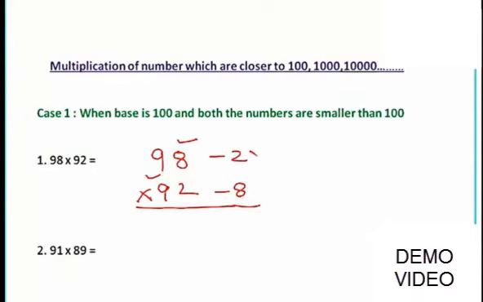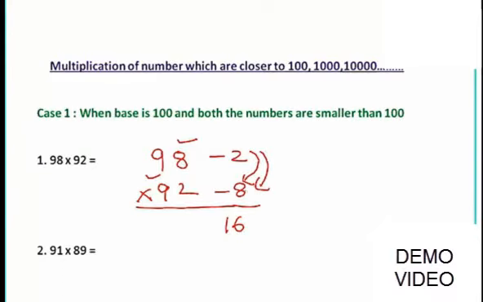Now we just have to multiply these two numbers, that is 2 into 8. It will give you 16. Now why is the base important over here? Since there are two zeros in 100, from this multiplication of 2 and 8 we have to fill up 2 digits.